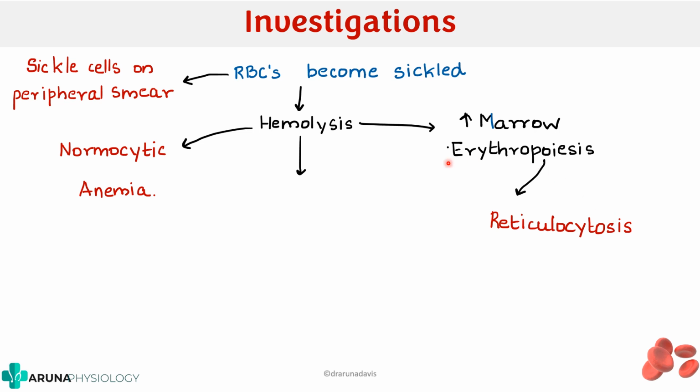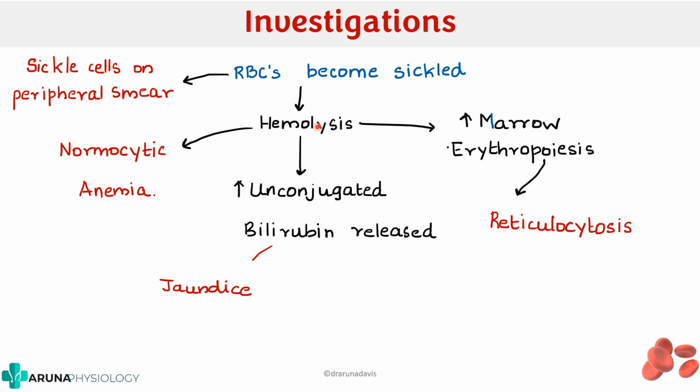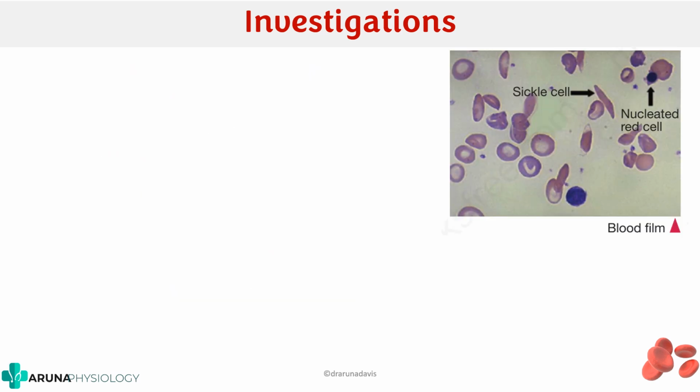Now, apart from the peripheral smear, because of this increased hemolysis, you can also have increased unconjugated bilirubin released, which in turn can cause jaundice as well as gallstones. So when we check the bilirubin levels, you can see that it might be increased. So based on this, we will now enumerate the different investigations that you can do. The first is, of course, you can check the hemoglobin and it will be decreased.